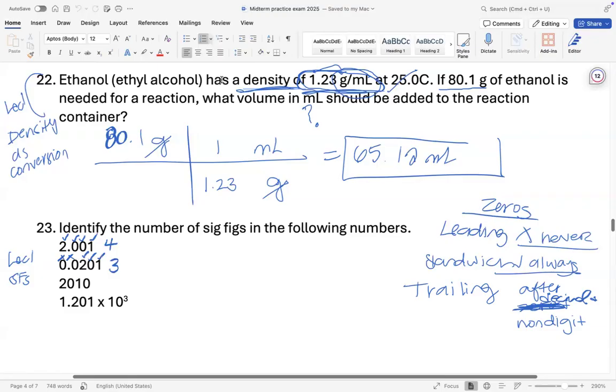Next, non-zero digit always counts. Sandwich zero always counts. Non-zero digit always counts. Now we have a trailing zero. It is after a non-zero digit, it comes after that 1, but nowhere does it come after a decimal. And so this is just a placeholder zero, and it does not count. So that's 3 sig figs.